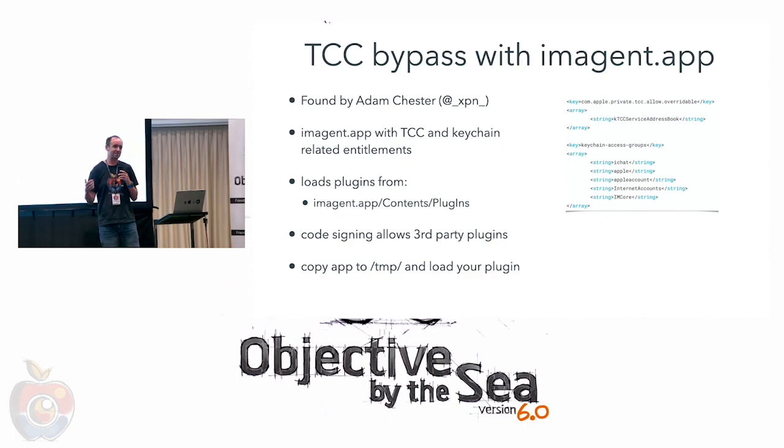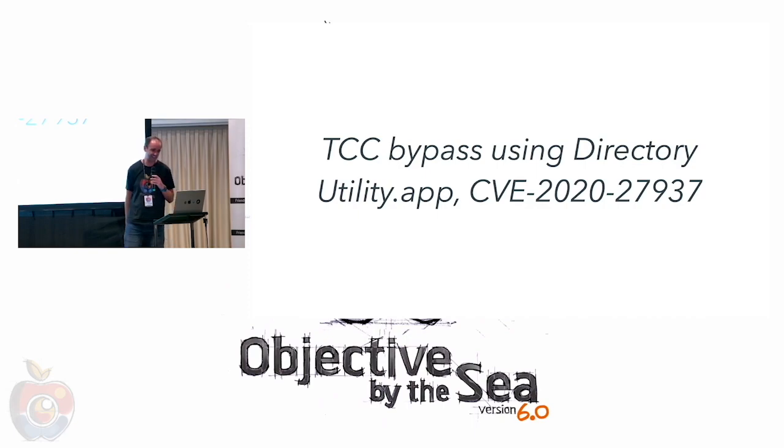The problem is that this application resides on the /System partition, so you cannot really write there, but nothing prevents you from copying it out to the temp directory, creating your plugin, and starting it up. You loaded your plugin into this application, and boom, you gained all the entitlements of the application. So this was fixed.